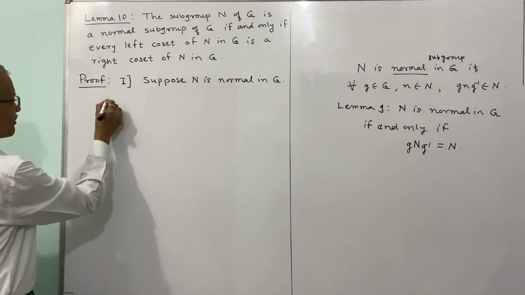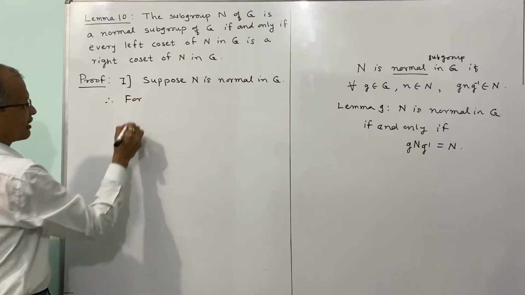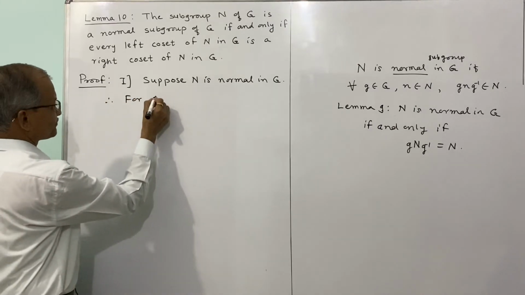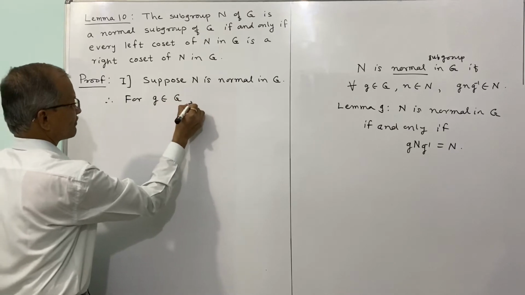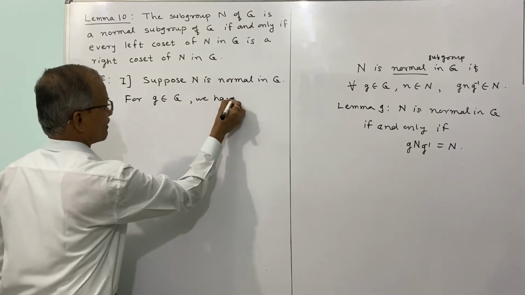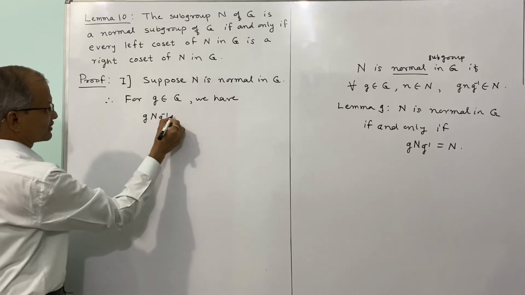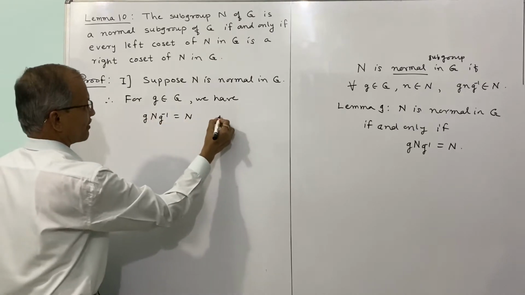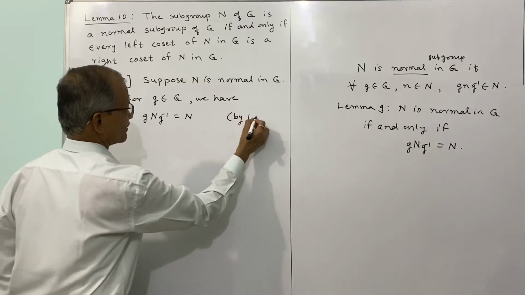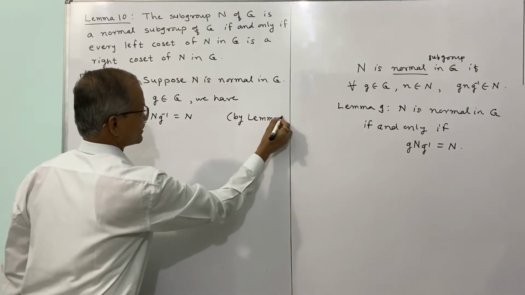So therefore, for g belongs to G, we have g N g inverse is equal to N by lemma 9. This result we have proved.